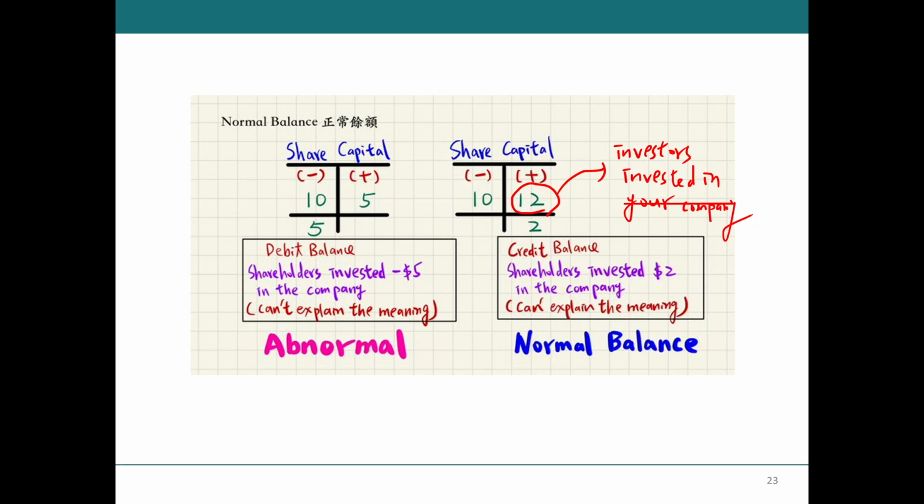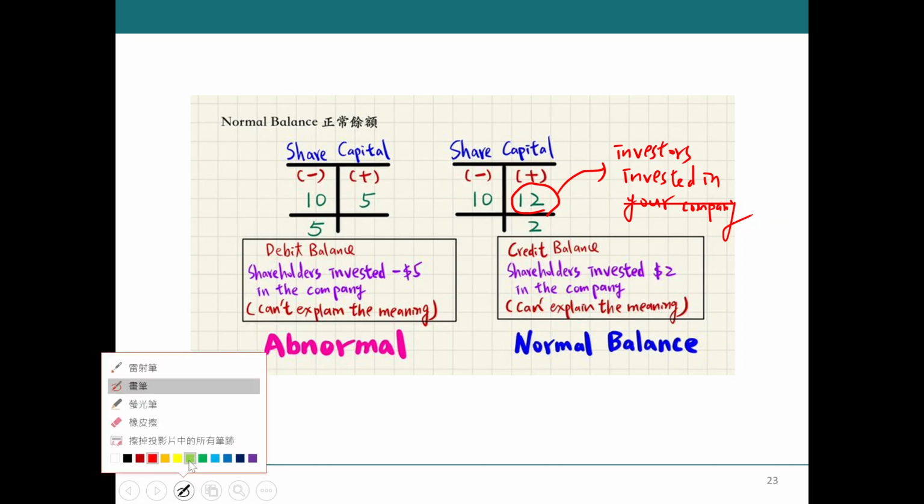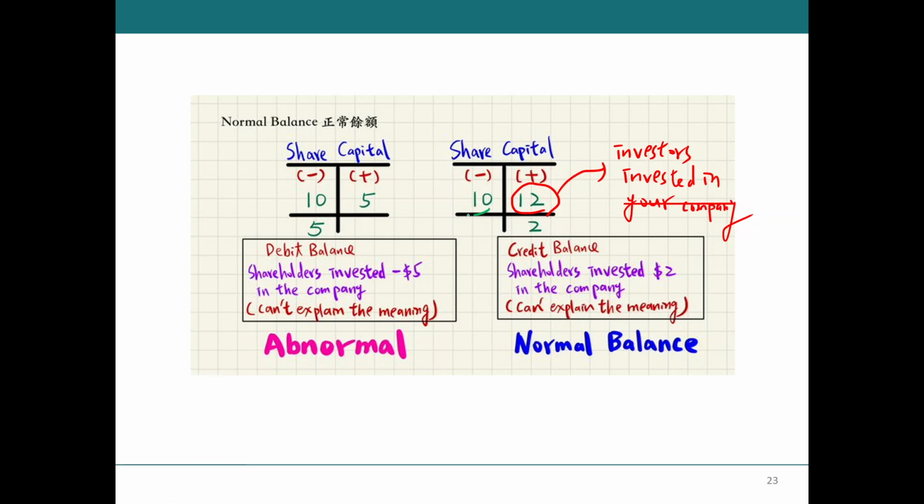Could they take back their investment? Of course, like stock shares. Could you buy Apple's stock shares? Yes. Could you sell Apple's stock shares? Yes. So when you sell Apple's stock shares, means what? You take back your investment. Okay? So here, decrease share capital, what does that mean?